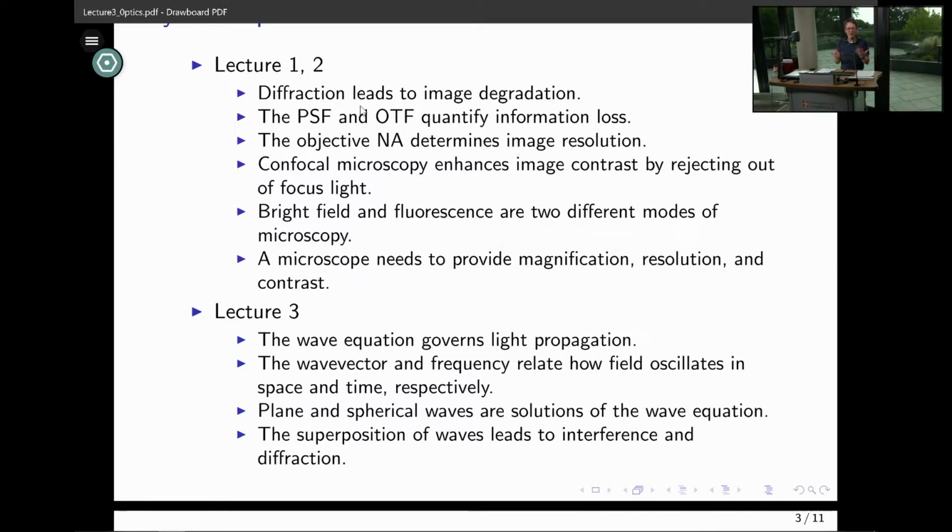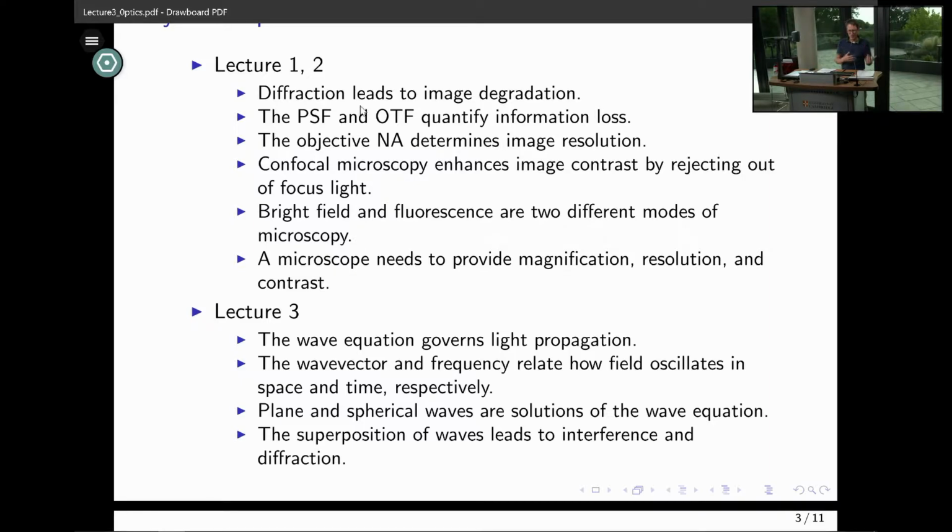and that leads to loss of resolution. An alternative way of thinking about this is to think about the sample content in terms of spatial frequencies. High frequency detail corresponds to small sample spatial detail, and so if the numerical aperture isn't able to capture the high spatial frequencies, that leads to information loss.